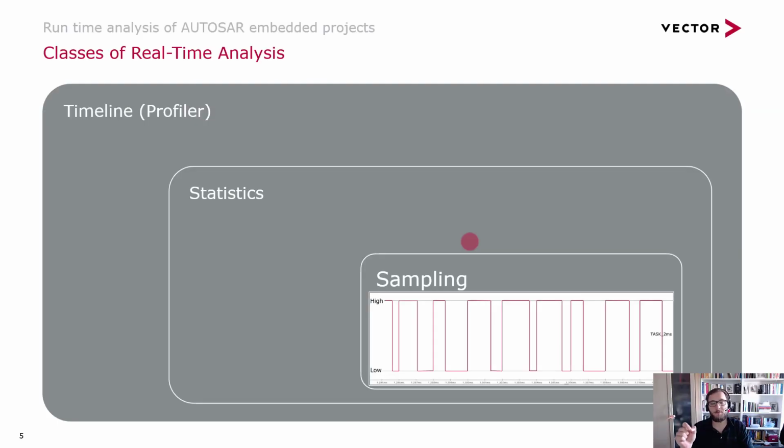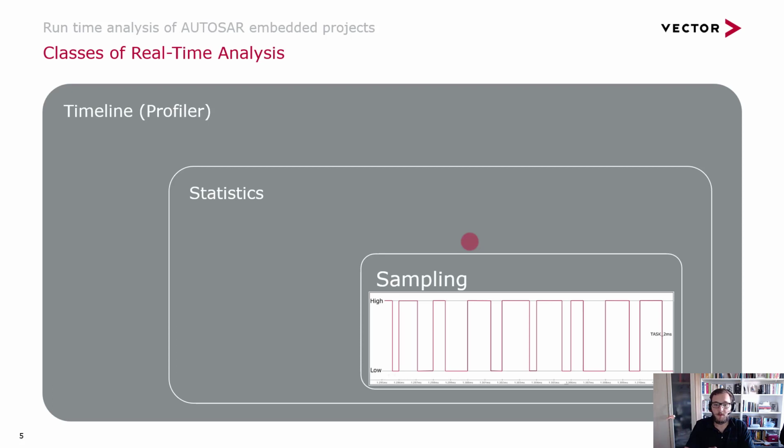At first, for sampling, let's take a very simple example that is very commonly used in many different ECU projects. In this example, you are simply toggling a pin every time a task is activated and every time the task is not running anymore on the core.